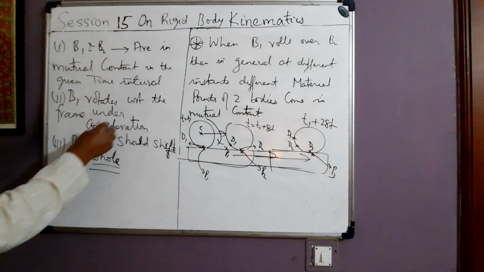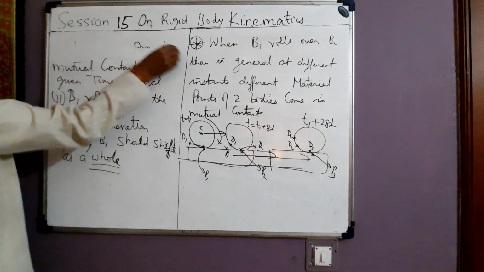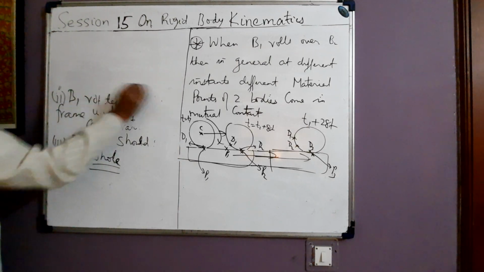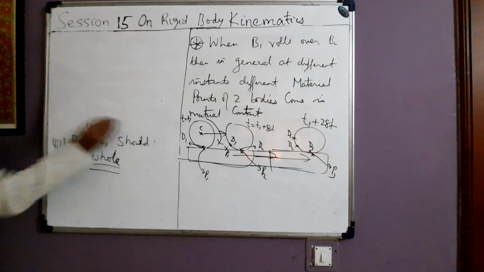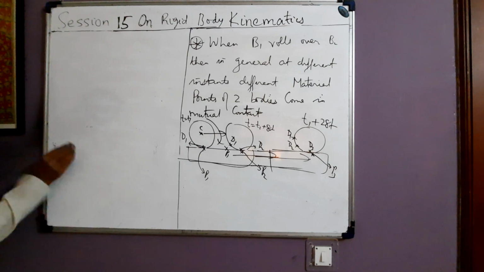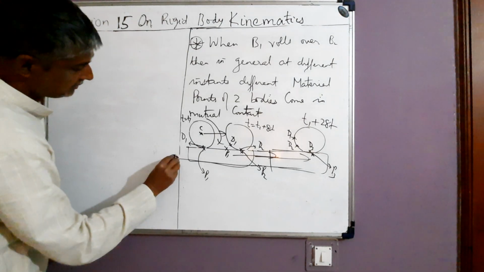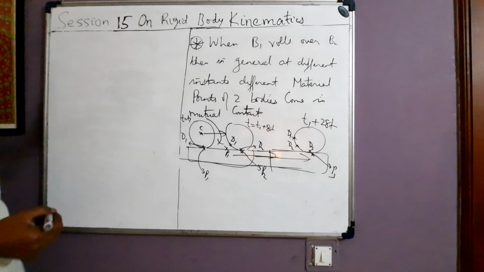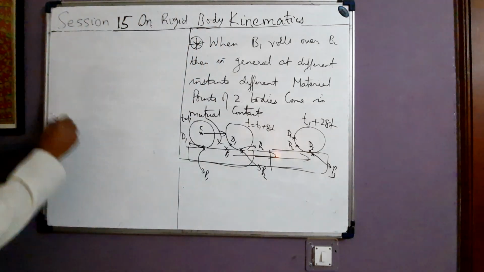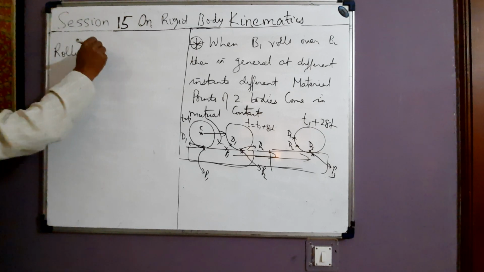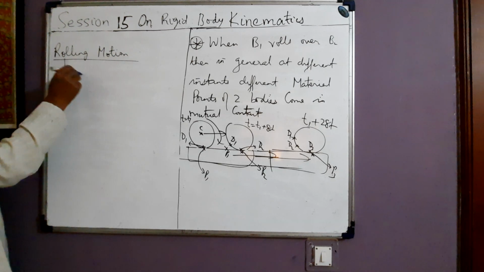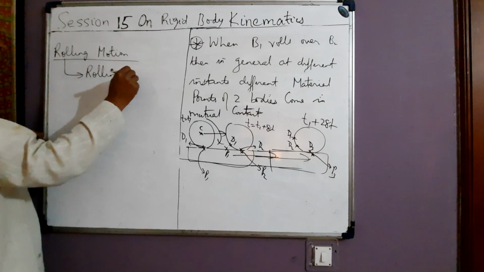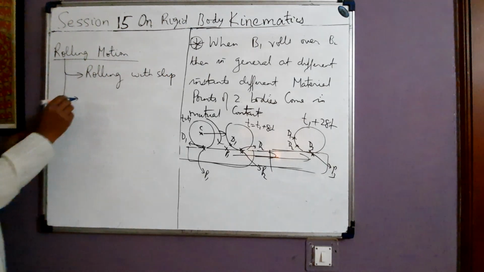So this much I have told you. Now rolling motion can be categorized into 2 types: rolling with slip and rolling without slip.